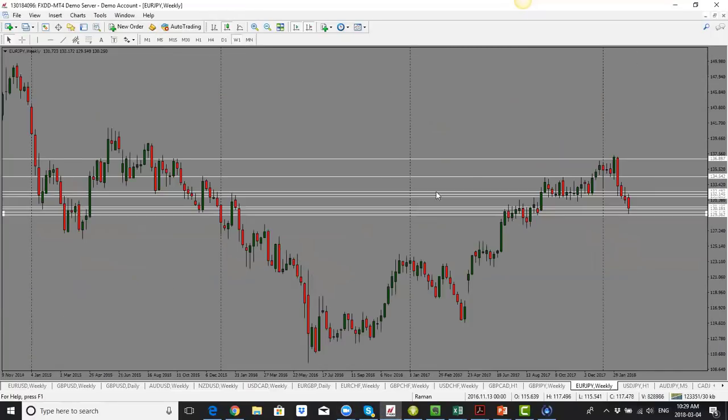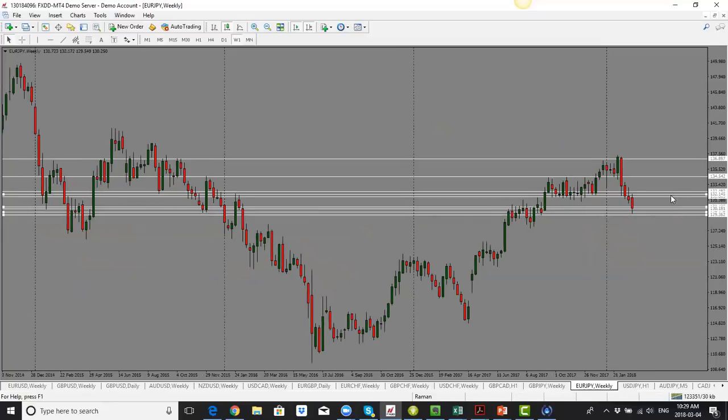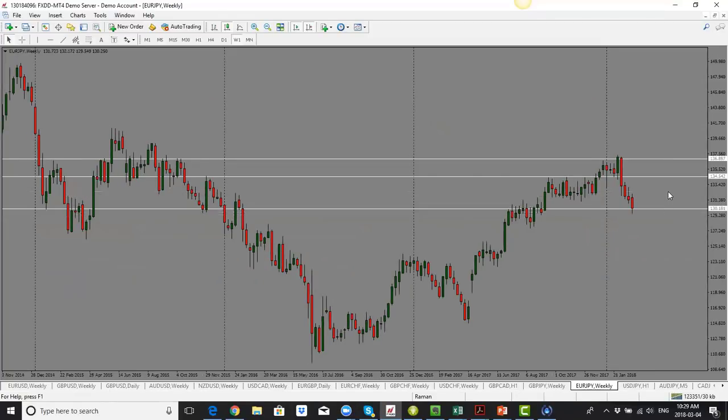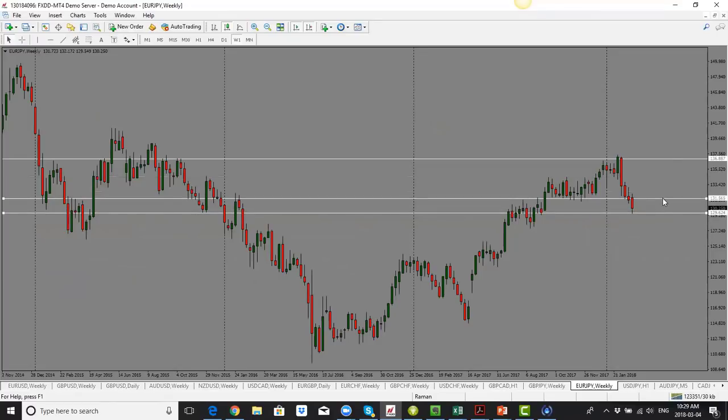Euro yen here, we saw pullbacks. I got too many lines here. Let's get rid of some of these. Okay. This one as well, we are bearish. I am looking for a further drop in this as well. All yen crosses have been bearish.